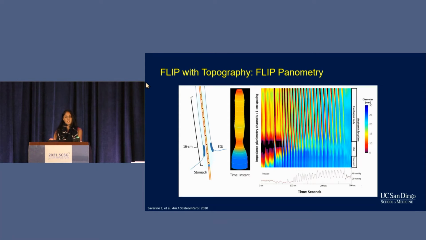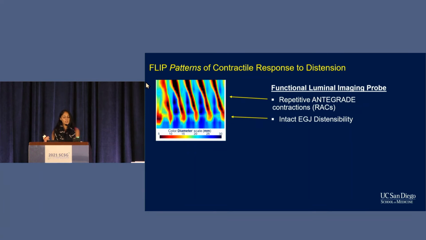And then you also see that there's activity above it, and that is actually contractile activity in response to the distension. If we take a closer look, this is something you might see in a patient that you're doing FLIP on. You again see that the esophagogastric junction is opening, you're seeing the blue, and then there are these repetitive contractions that are moving in an antegrade fashion. This is what we call RACs.